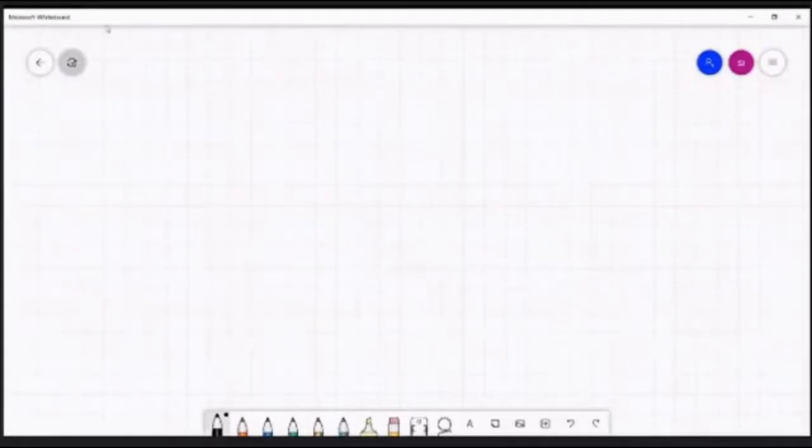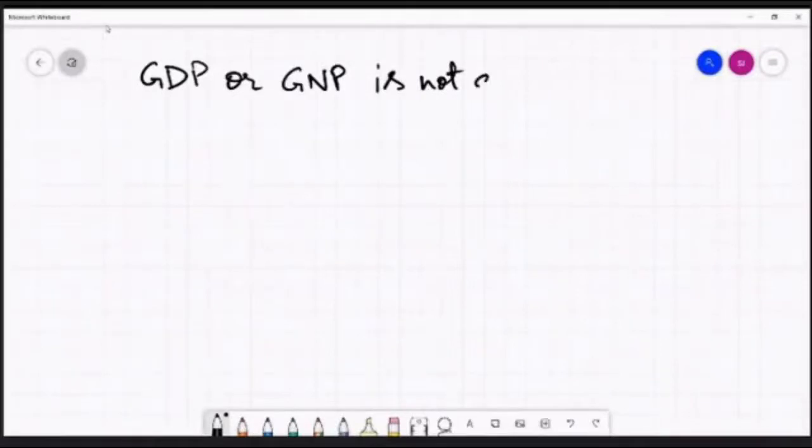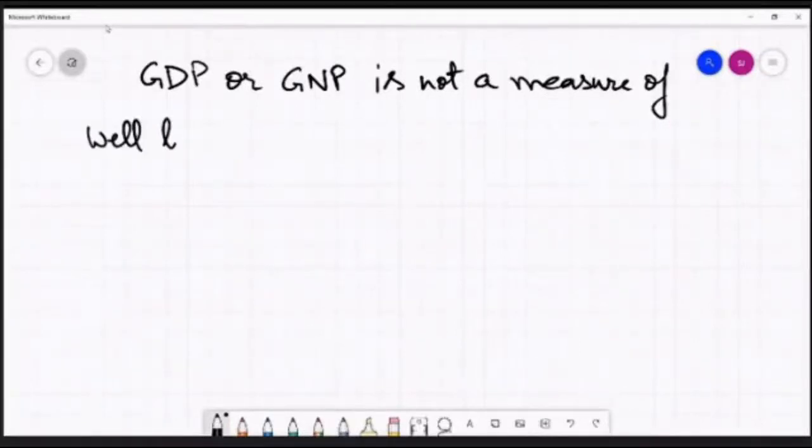See, understand this, GDP or GNP is not a measure of well-being. So irrespective of whether you talk about growth of the economy on the basis of GDP or GNP, you are not talking about the welfare of the country, okay?